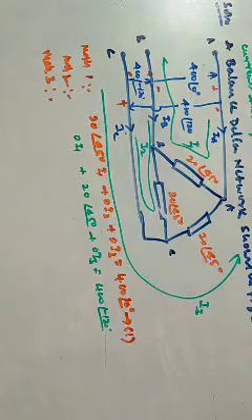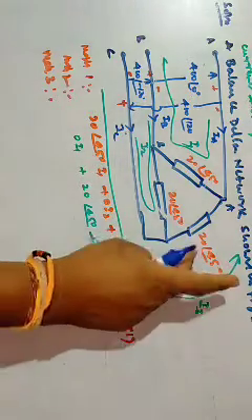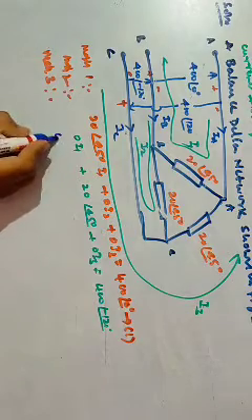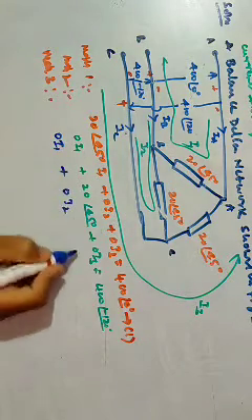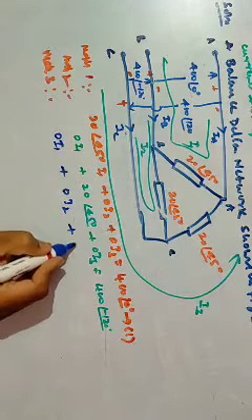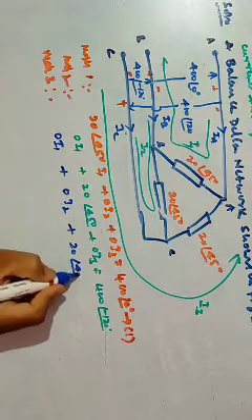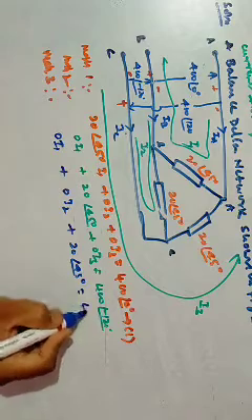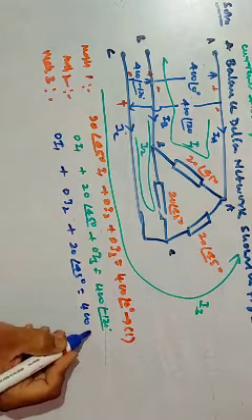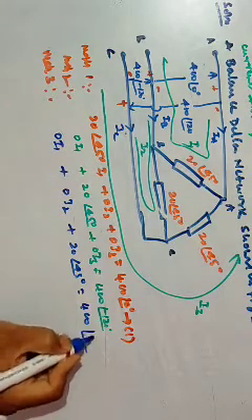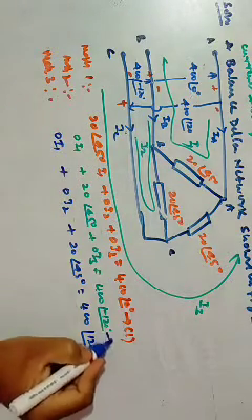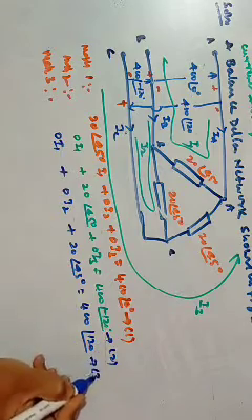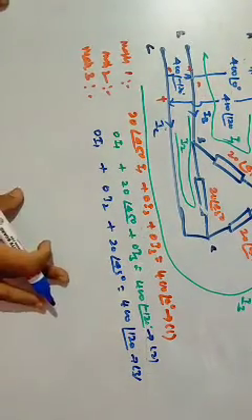Similarly, mesh 3, only I3 is flowing, so I1 is 0, I2 is 0. This becomes 20 at an angle of 45 degrees I3 is equal to 400 at an angle of 120 degrees. We have got the three different equations.